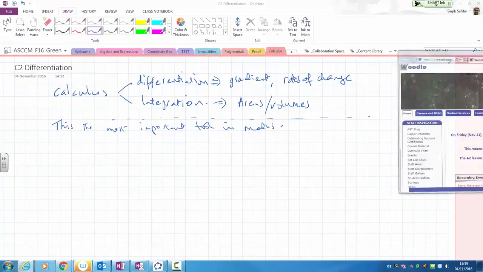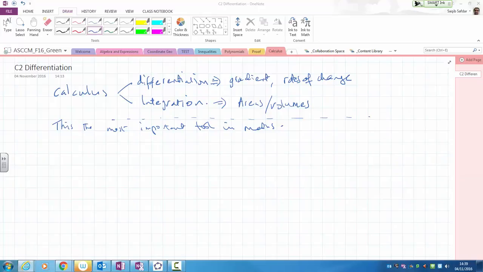Say I've got a function, and the function is 3x squared plus 2x plus 1. Okay? My gradient function, which is the gradient of this curve at any point, can be written in two different ways.